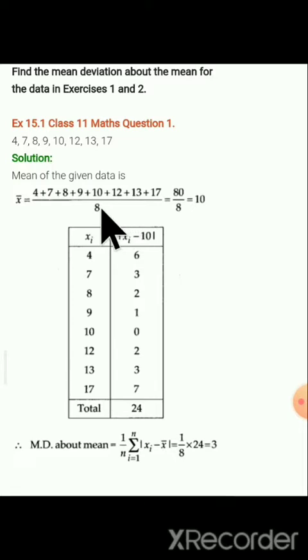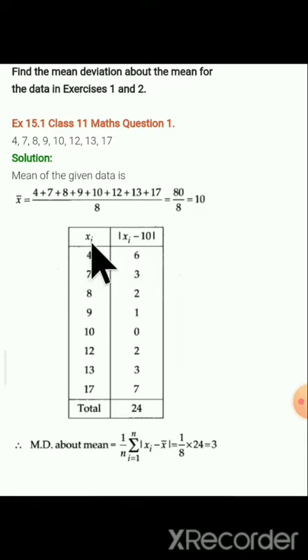So here first find out the value of x bar, that is sum of all given observations, that is 4 plus 7 plus 8 plus 9 plus 10 plus 12 plus 13 plus 17 divided by total number of observations, that is 1, 2, 3, 4, 5, 6, 7, 8. So here we will get sum of numerator equal to 80 divided by 8. So here we will get 10.